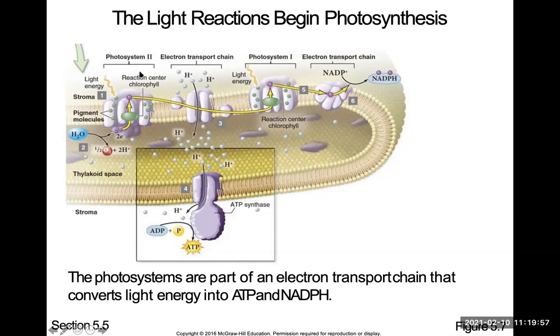There is photosystem 2 and there's photosystem 1. Photosystem 2 comes first. Photosystem 1 comes second. The reason this is named photosystem 1 is because this was found first. It comes second though in this step.